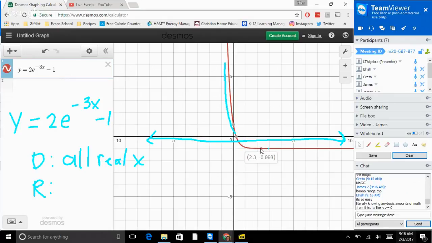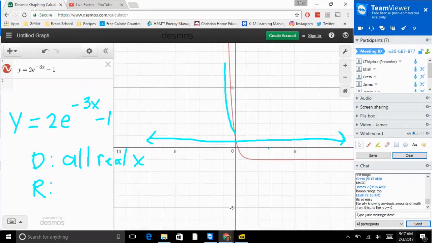All right, so our range is anything above 0 for y, right? And then when we get below 0, we get really, really close to -1, but we never quite hit -1. So it would be all y's that are greater than -1.